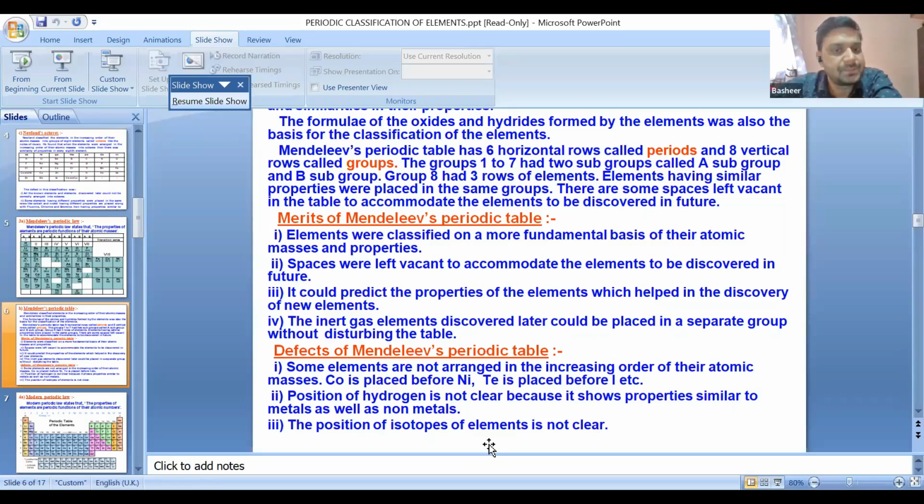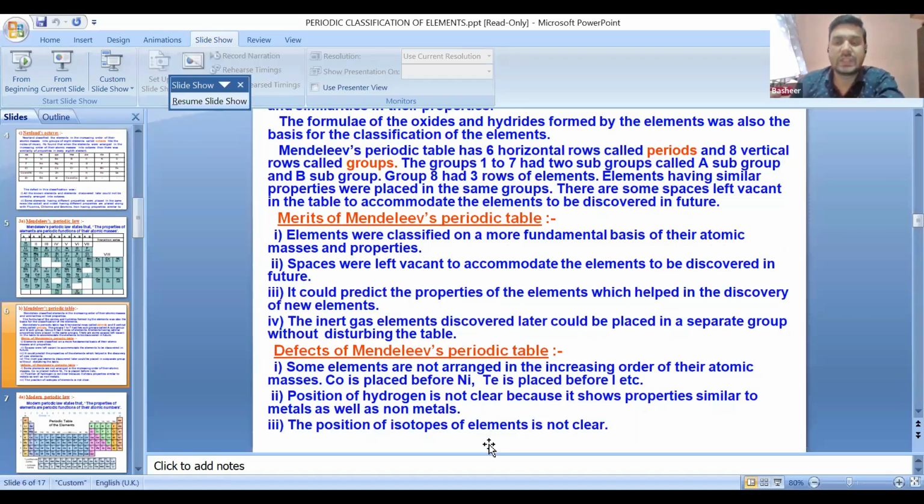Clear everyone? So that is isotopes, because we have so many isotopes like nitrogen. Nitrogen has N-14, N-15 and N-16, three isotopes. But in the periodic table, if you can see, only one nitrogen element is there, that is N-14, that is the main. Other two are the isotopes of N-14, so that is not there. That is also the defect.